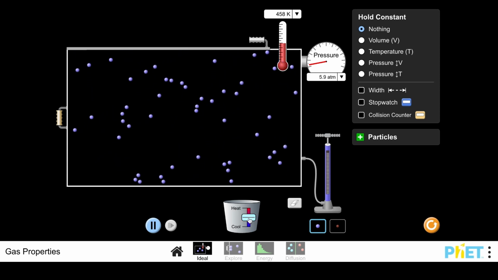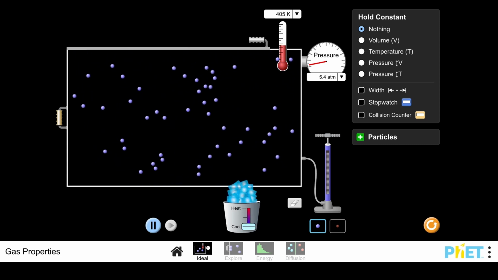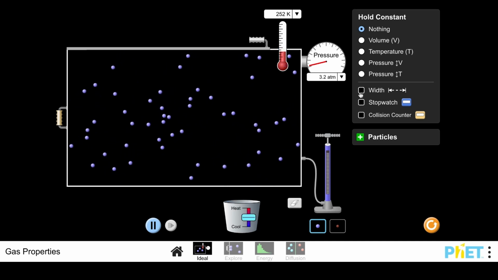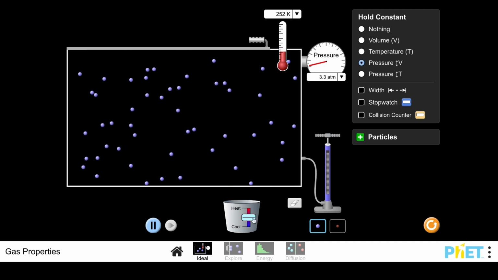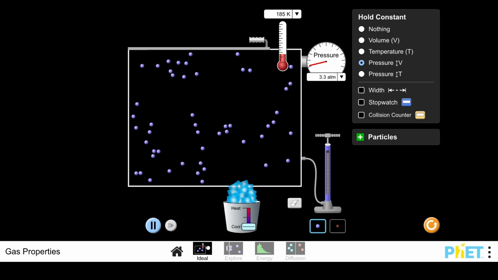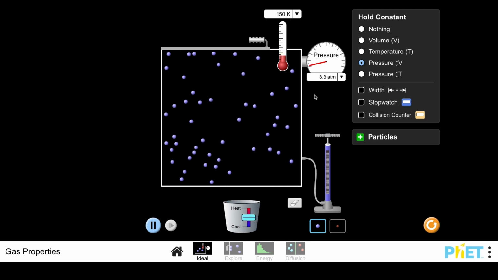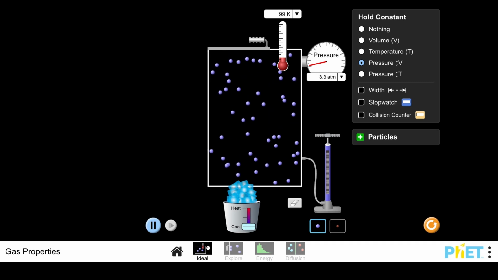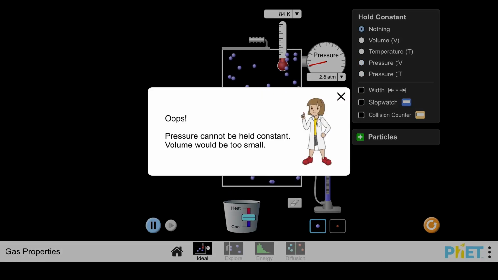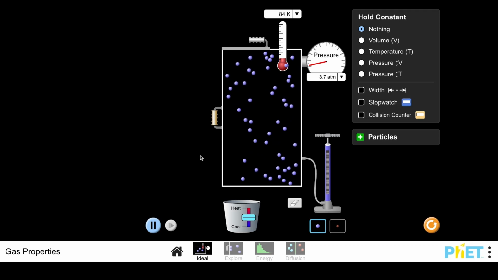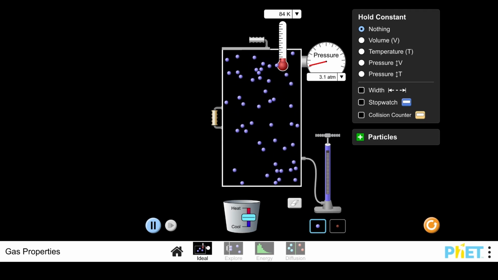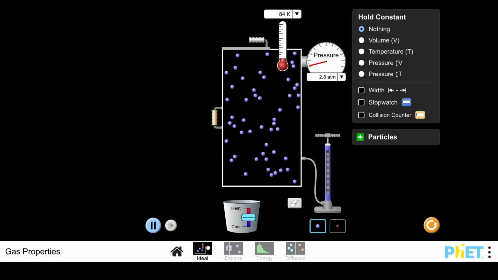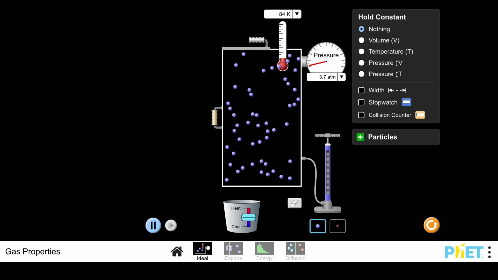Let's see what happens when we cool things down. So the pressure, you can see, is staying the same. Now you can see, this is literally the same logic that we used before.